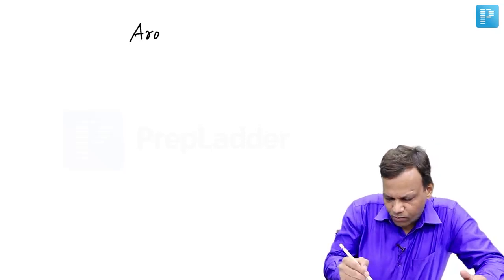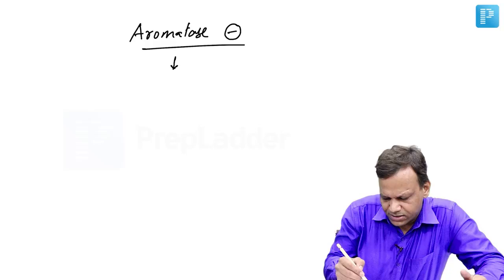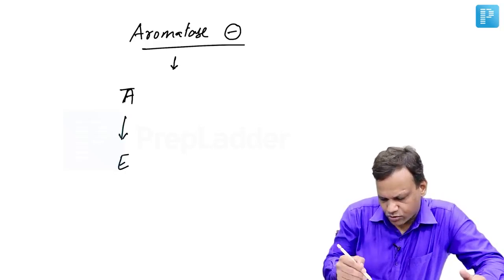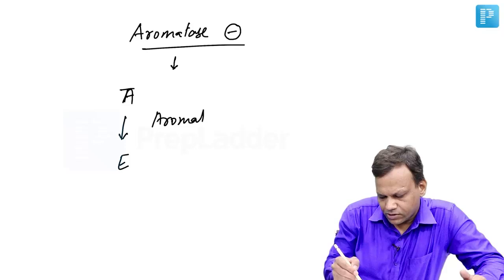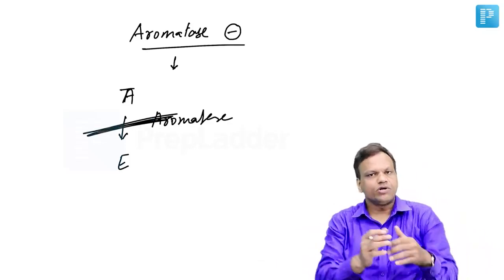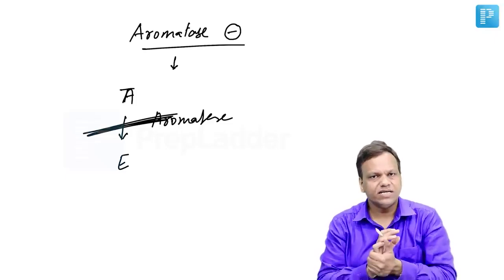Then lastly, we have a group of drugs called aromatase inhibitors. Normally, aromatase converts androgens to estrogens. In postmenopausal females, aromatase is the one mainly producing estrogen. So in simple language, if we inhibit the aromatase enzyme, there will be a decrease in estrogens.